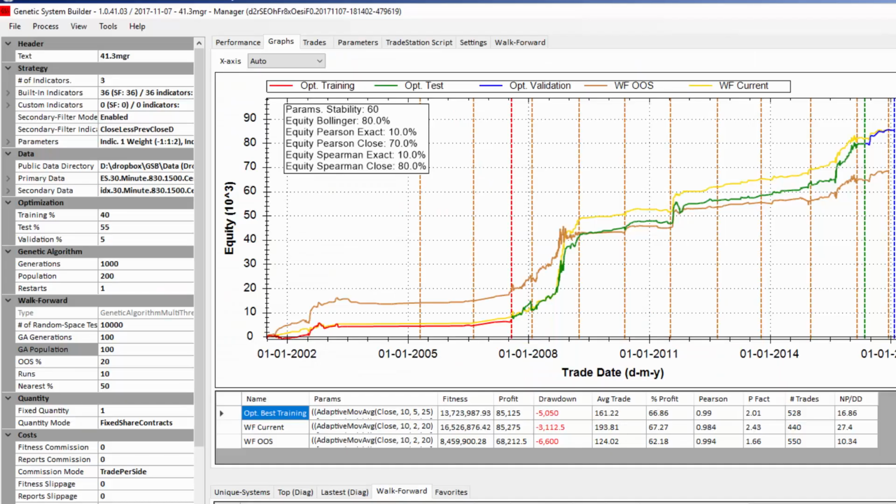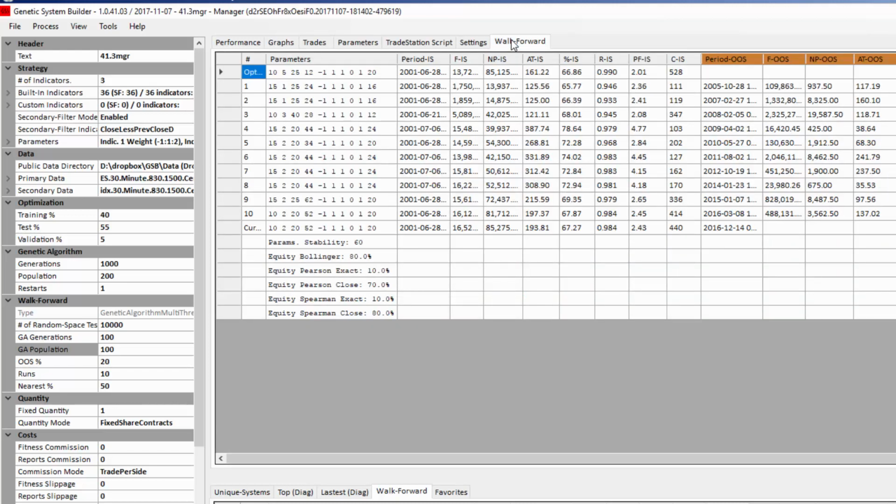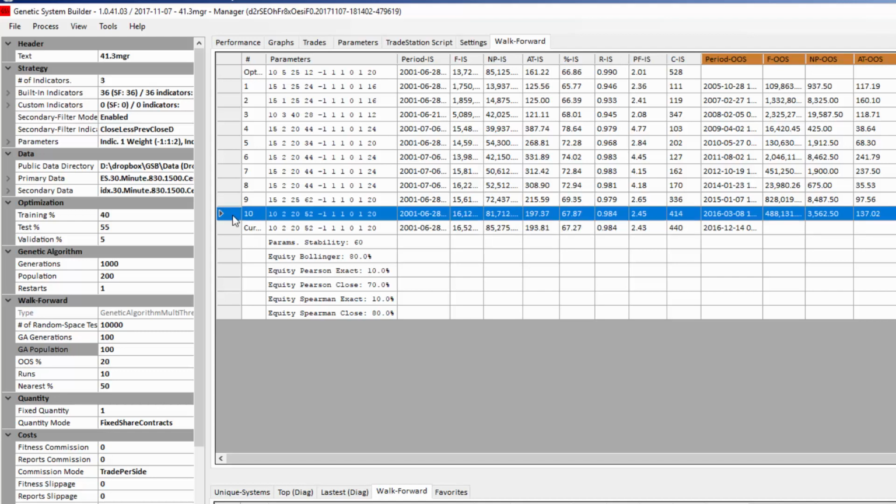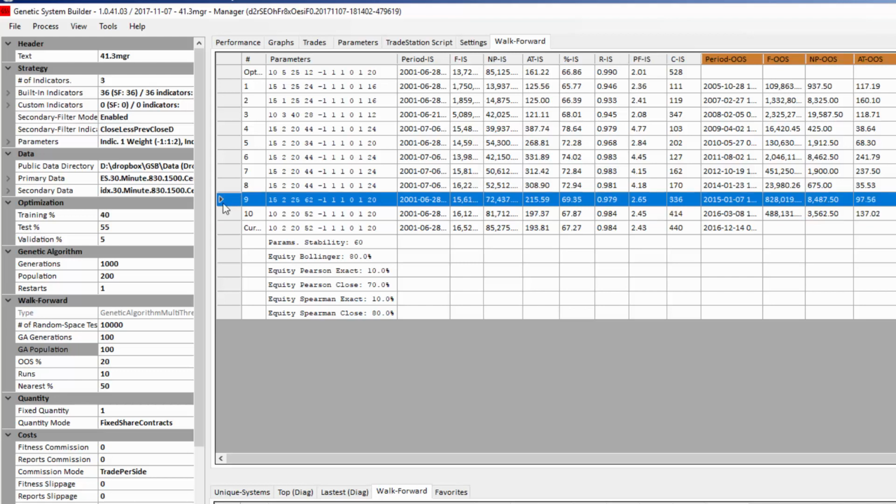Looking at this one here, well, the amount of trades is consistent. The profit factor out of sample has dropped a lot, but that's probably because the profit factor in the middle is poor compared to later. When I look at the parameters, I can see that we've got stability on the last two here. On this third one here, you've got a fair difference, but it is fairly stable.